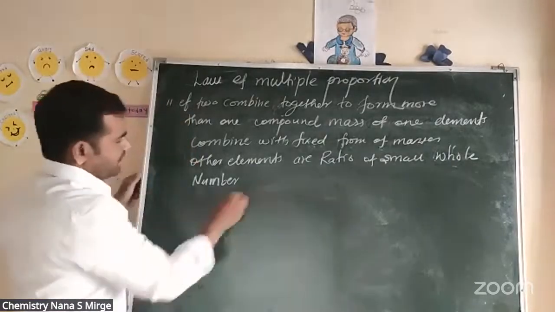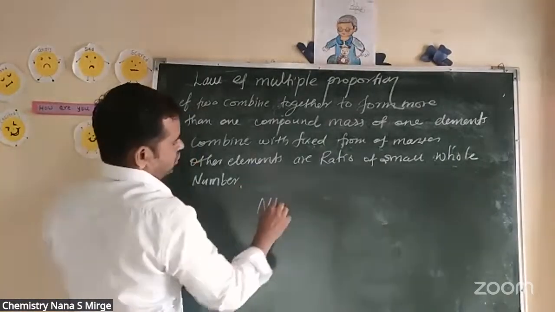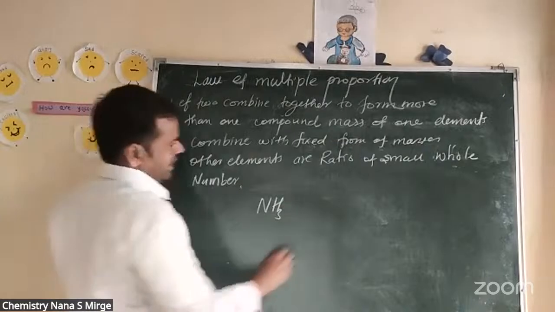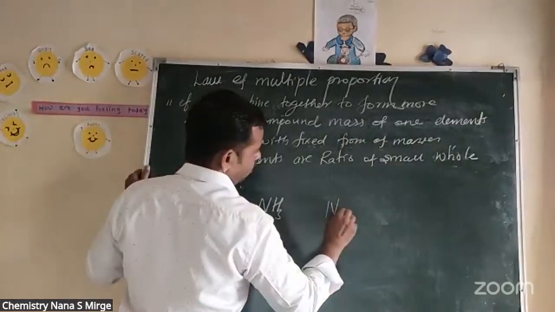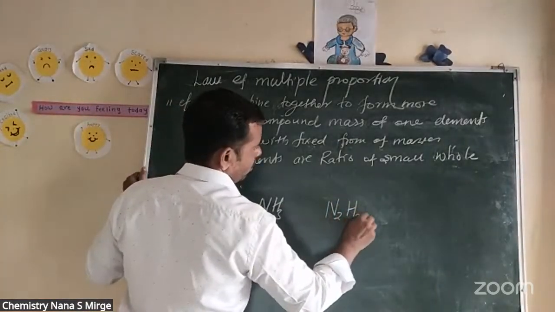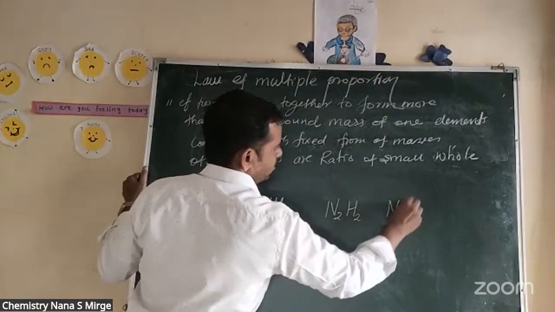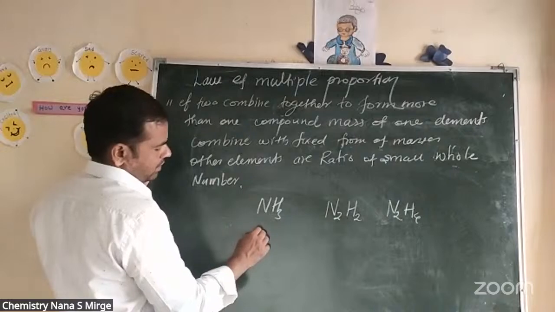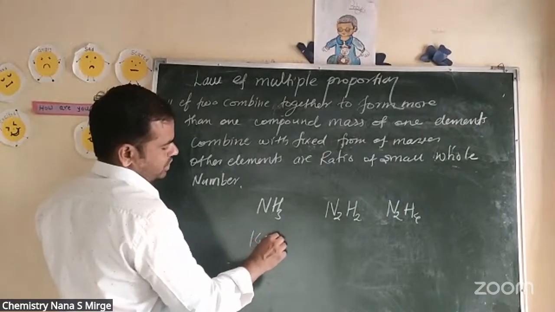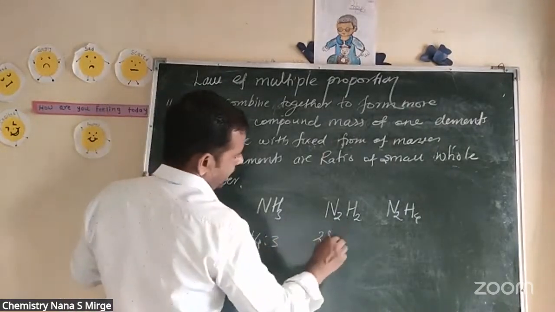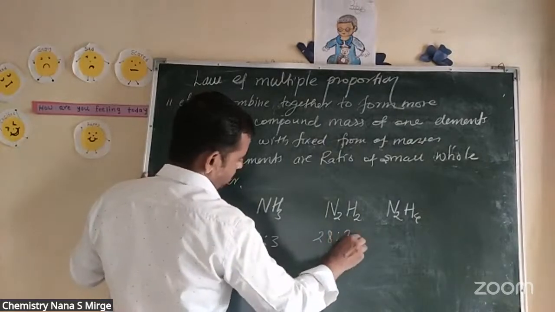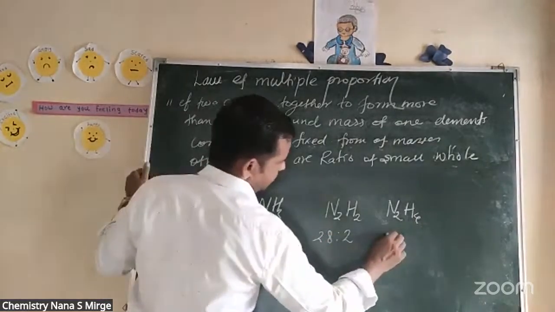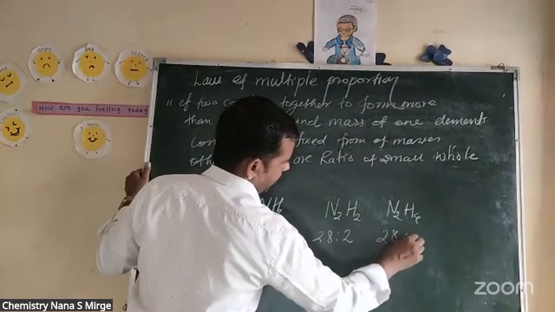For example, take NH3, the earlier example, N2H2 and N2H4. Look at this example. Here nitrogen is 14 and hydrogen is 3. Nitrogen is 28, hydrogen is 2. Then nitrogen is 28 and hydrogen is 4.